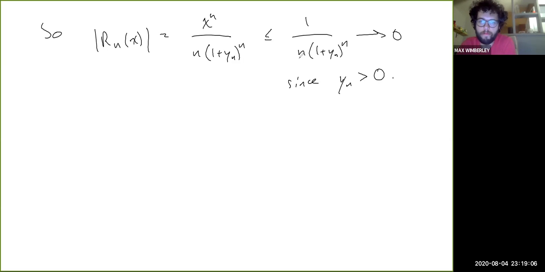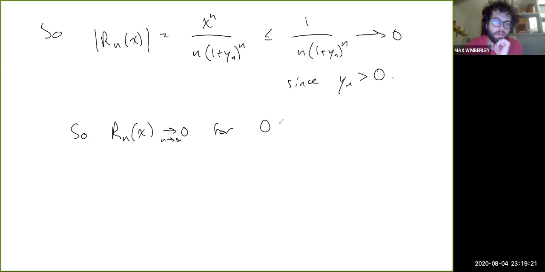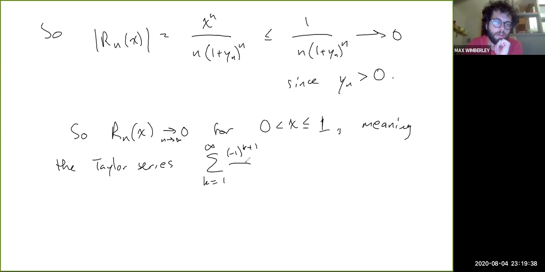So this means that Rn of x goes to 0 as n goes to infinity for 0 less than x less than or equal to 1, meaning the Taylor series, sum from k equals 1 to infinity, negative 1 to the k plus 1 over k x to the k, converges to log 1 plus x on 0, 1.